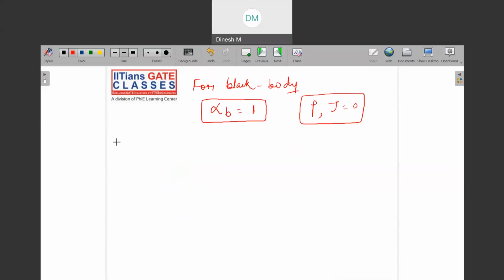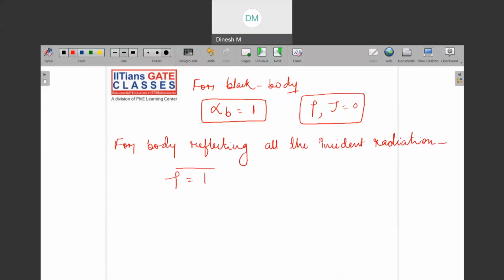So for bodies reflecting all the incident radiations, your rho value, that means your reflectivity, is equal to 1 only. Okay.